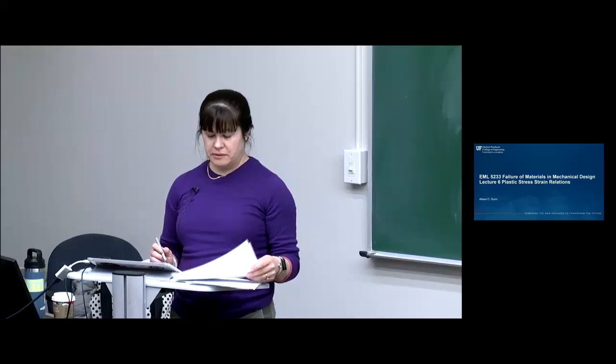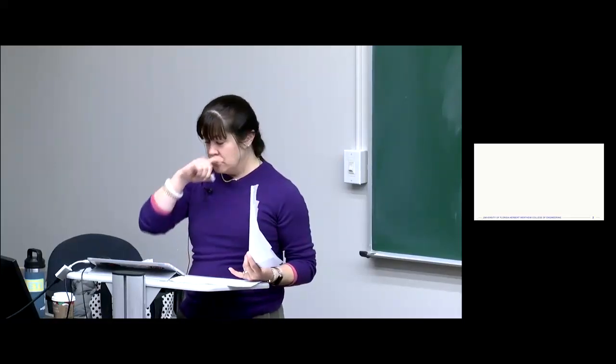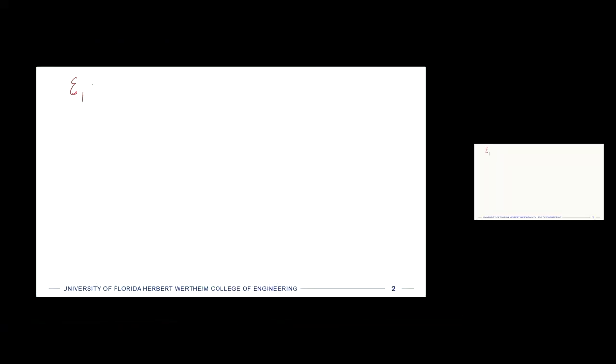So we ended the last lecture with the principal normal strains in terms of the principal normal stresses, and that was Hooke's law using those principal stresses and strains. If I write that here, we can say principal strain 1 is 1 over E times sigma 1 minus nu times sigma 2 plus sigma 3.